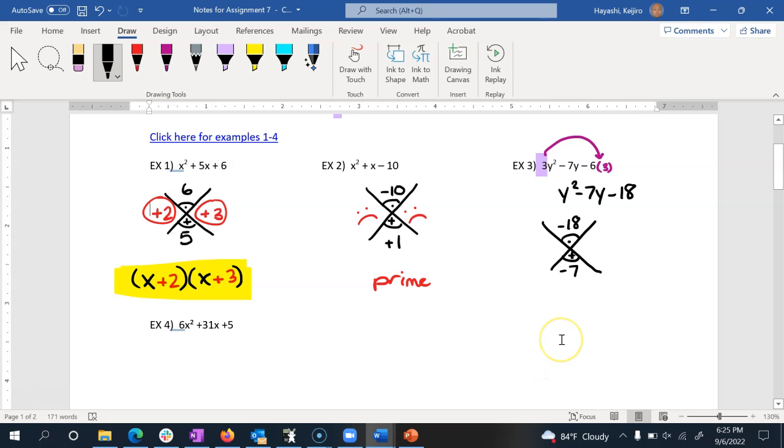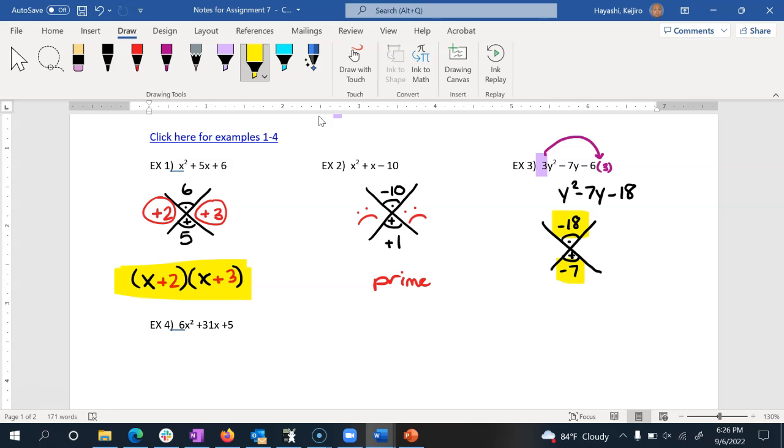Now it's not always just guesswork getting these two numbers. There is some amount of mathematical sense that you can use in trying to find them.